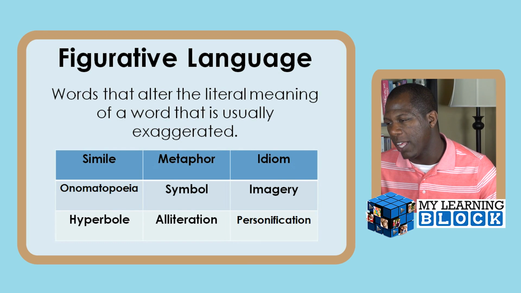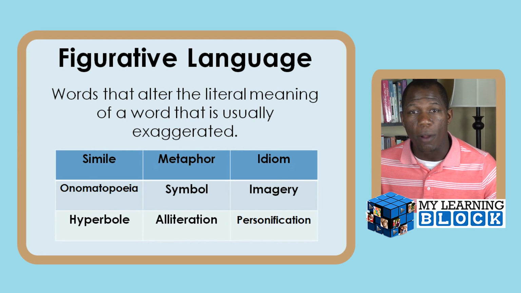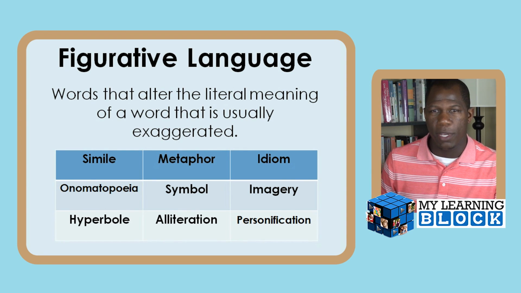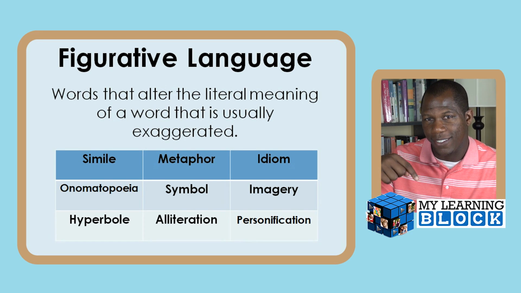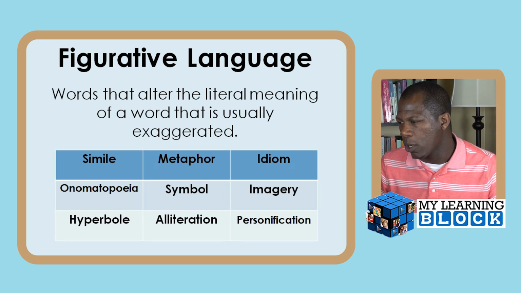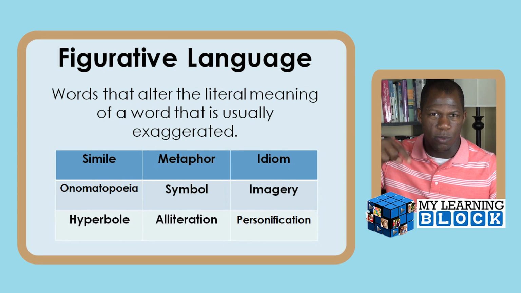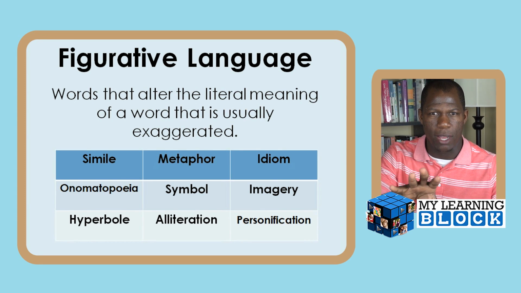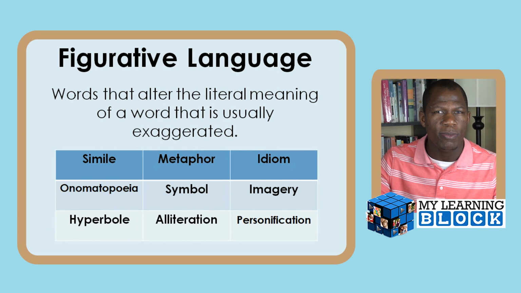All right, so figurative language, these are examples. There are many more, and you can check out many more right here on my learning block. But anyway, we have similes, metaphors, idioms, which is what we're focused on today. So if this is not what you meant to click on, look elsewhere.